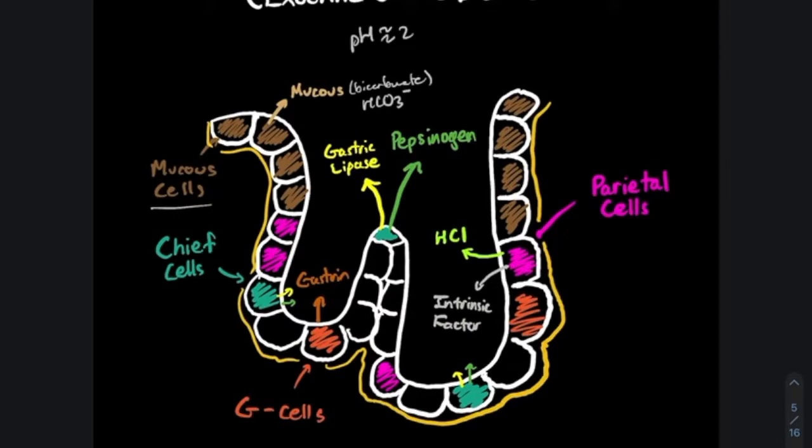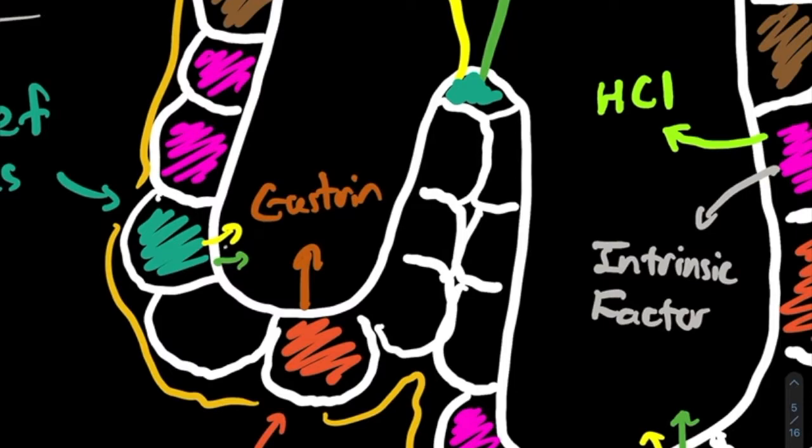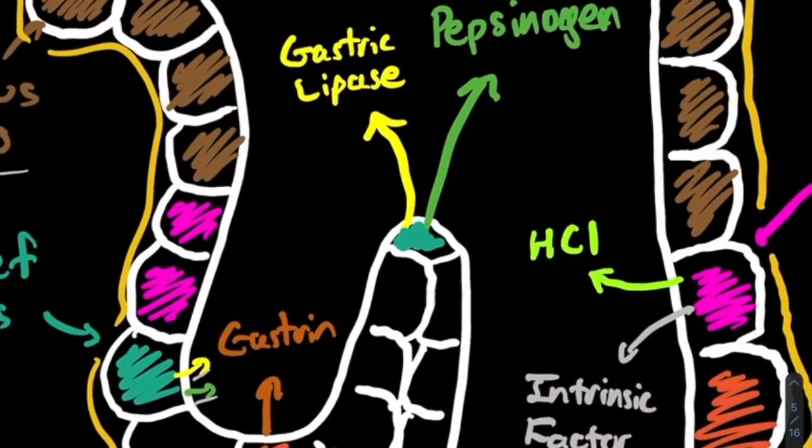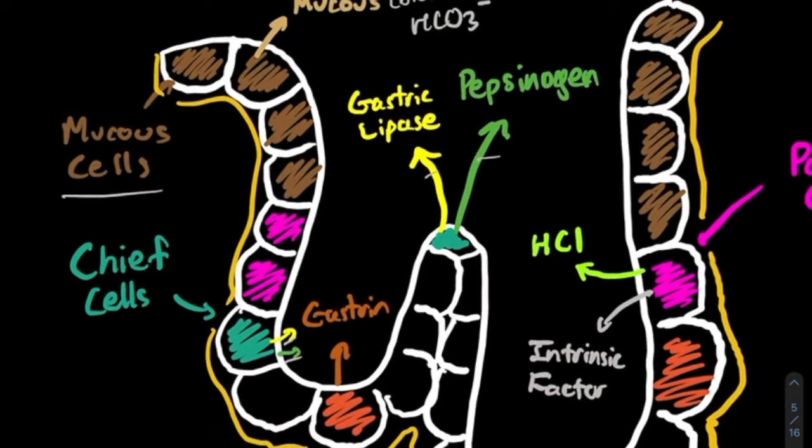Now, we also have chief cells, and chief cells are pretty cool, because keep in mind they have this yellow and this green arrow coming off, yellow and green. And remember, yellow means fat and green means protein. So we have gastric lipase coming out of these chief cells, and we have pepsinogen coming out of these cells. Pepsinogen is the first green thing we've seen, which means that it is the first time we're going to be digesting protein.